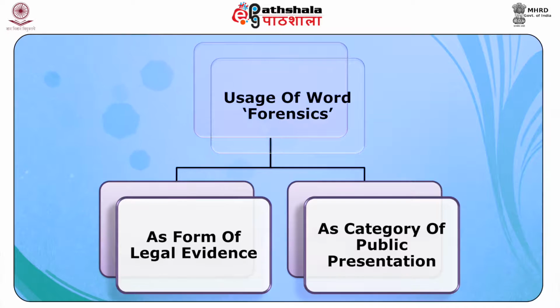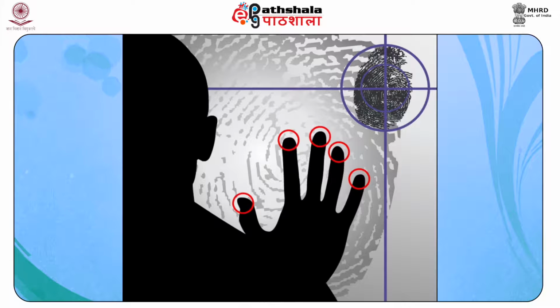This origin is the source of two modern uses of the word forensic: as a form of legal evidence, and as a category of public presentation. In modern times, using the term forensic in place of forensic science can be considered appropriate, as the term forensic is effectively a synonym for legal or related to courts.